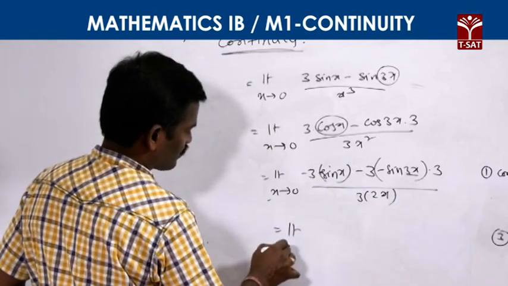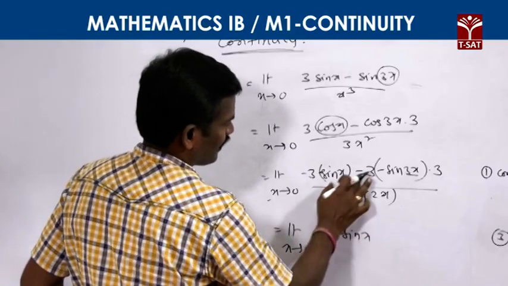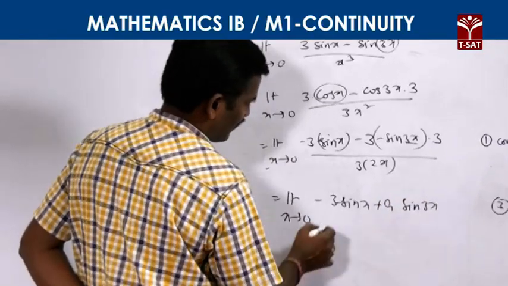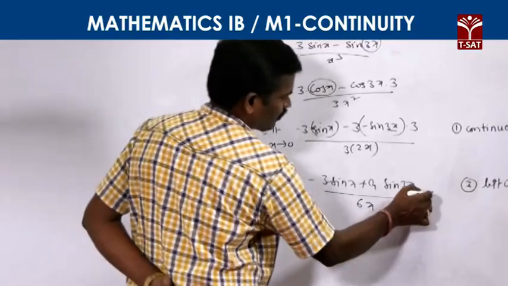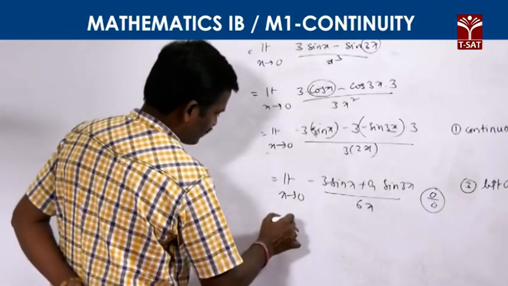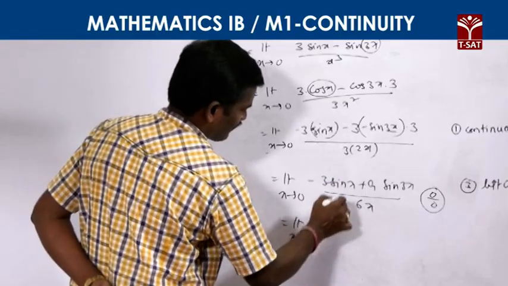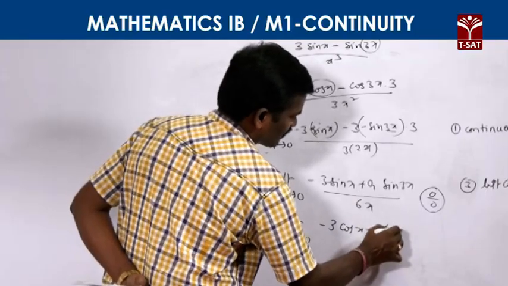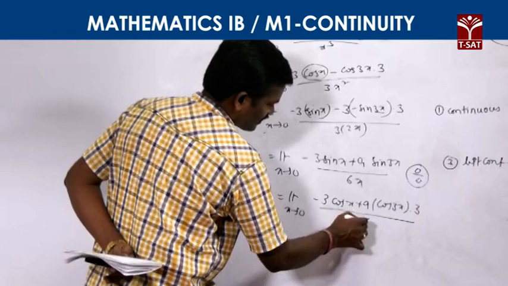So limit as x tends to 0 of minus 3 sin x plus 9 sin 3x by 6x. One more derivative, again it is going to be a 0 by 0 indeterminate form. So limit as x tends to 0 of minus 3 cos x plus 9 cos 3x times 3, by the derivative of 6x, which is 6.